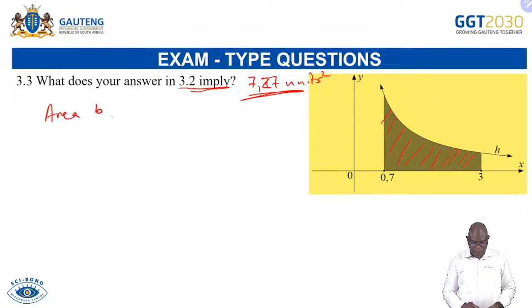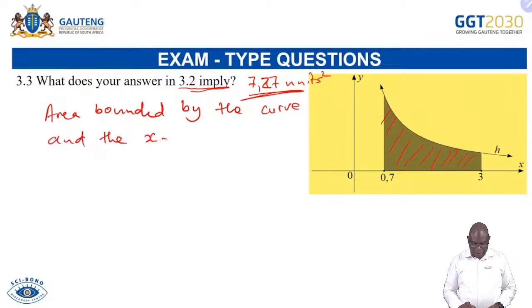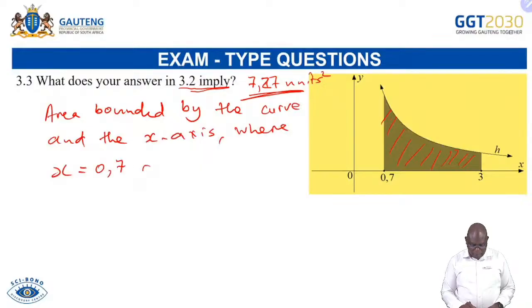Which area are we getting? The area bounded by the curve and the x-axis, where x equals 0,7, which is the lower, and x equals 3, which is the upper.